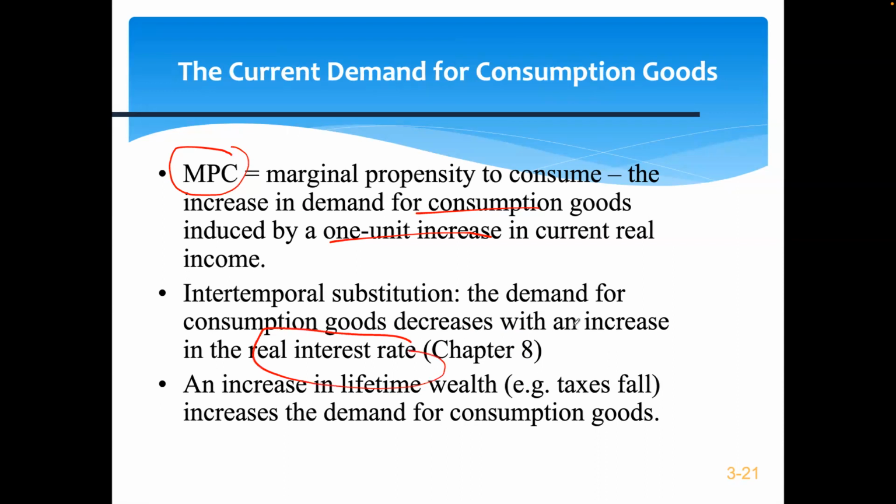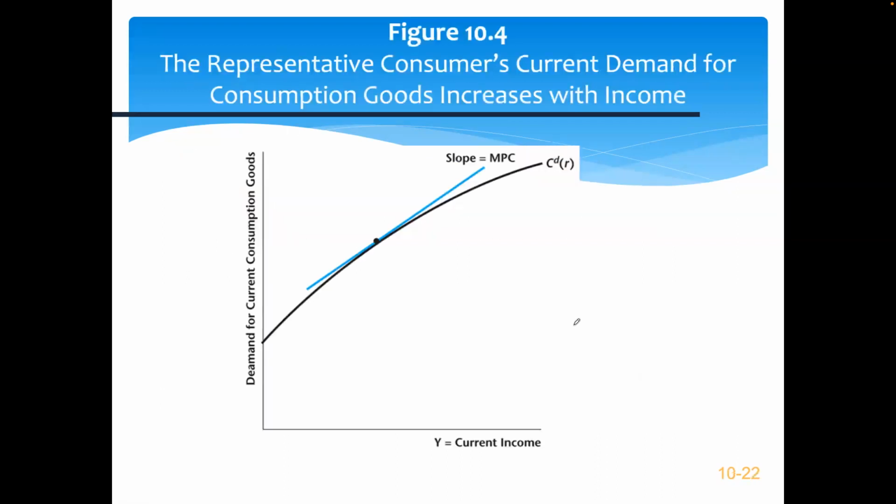So this is essentially what we have discussed in the previous chapter. Now, given those insights we have learned, we're going to have a few graphs to summarize the behavior of consumers' demand for consumption goods, right? Here we are going to focus on the current period because the discussion for the future period is going to be similar.